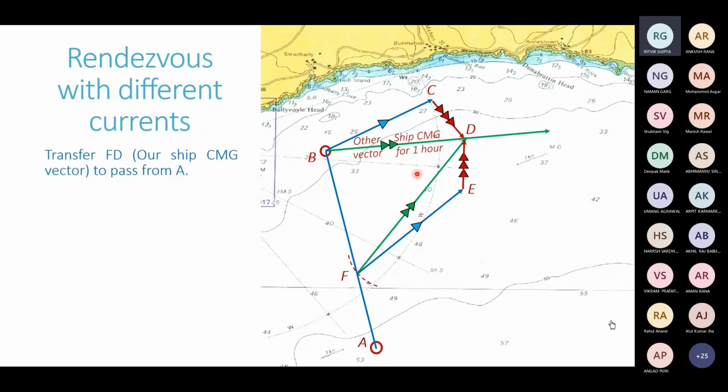Once we have this course made good vector for own ship, we now transfer it to point A. So we place our parallel ruler, align it with the FD vector, transfer it to point A and draw a line. Now this line passing from point A will meet up with the course made good line of the target ship at some particular point.